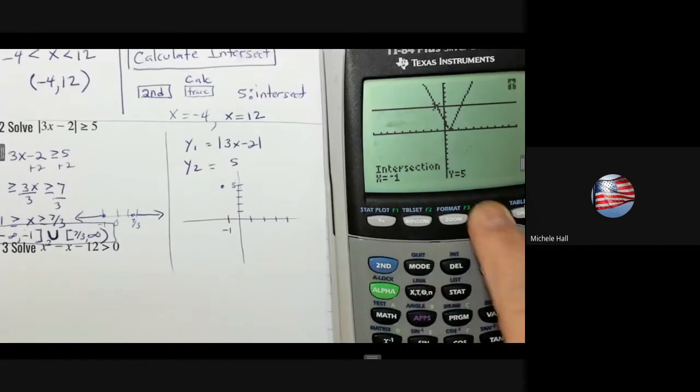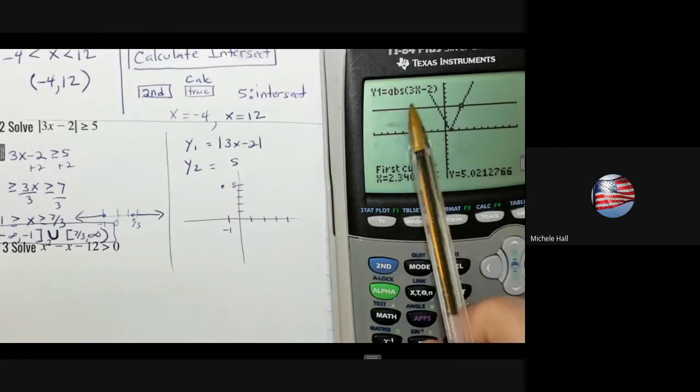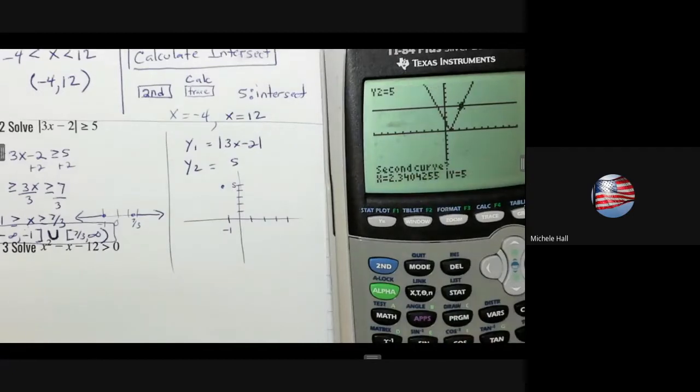Second, calculate, number 5, go over to the other intersection. Okay, absolute value is the first curve, enter. Y equals 5 is the second curve, enter, enter again. The intersection is at 2.3 repeating.